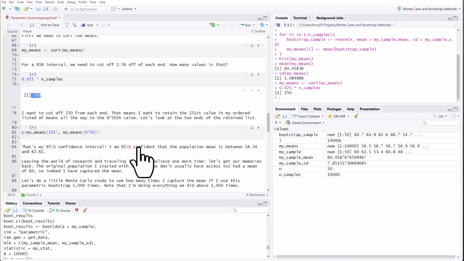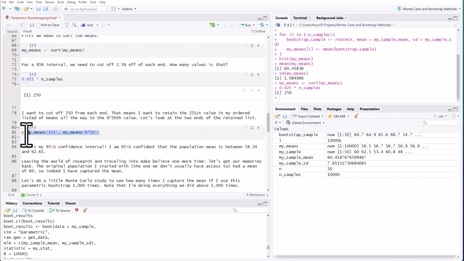So I want to keep, for my confidence interval, from the 251st value, remember the means have been sorted in ascending order, I want to retain the 251st value as the lower bound of my confidence interval, all the way up to the 9,750th value as the upper bound of the interval.